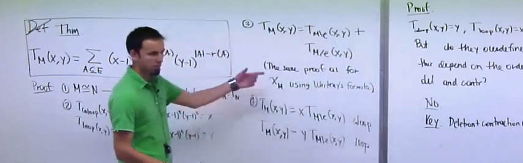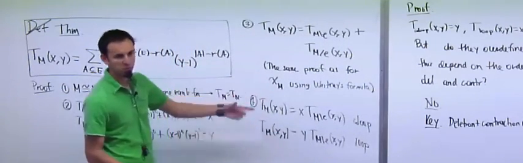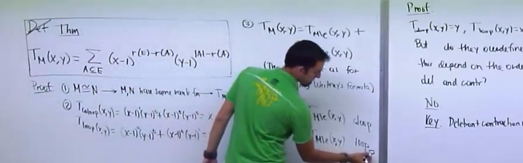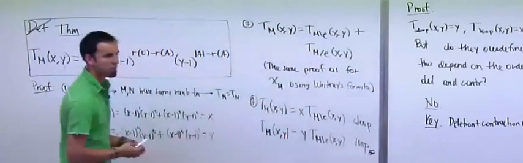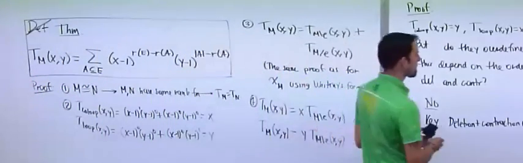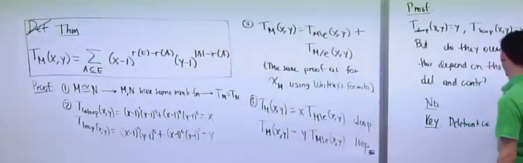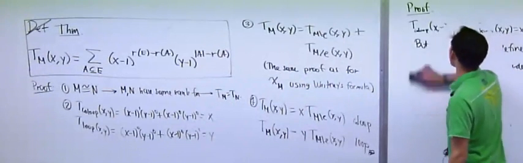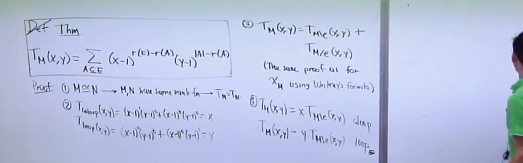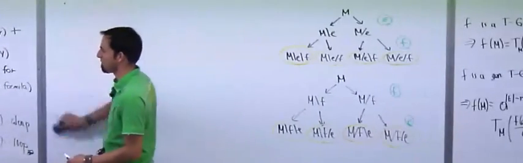And again, the same proof for the characteristic polynomial works for the Tutte polynomial. So this is some work, but you just check that everything works out.